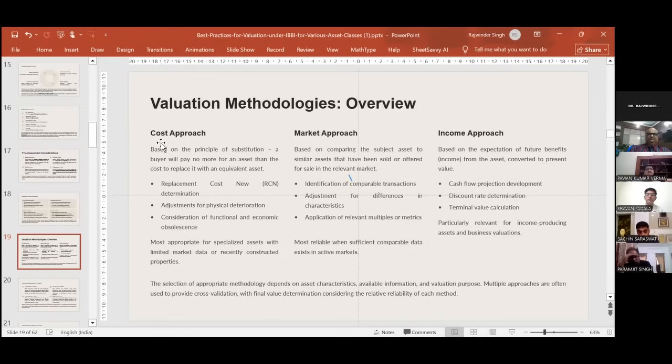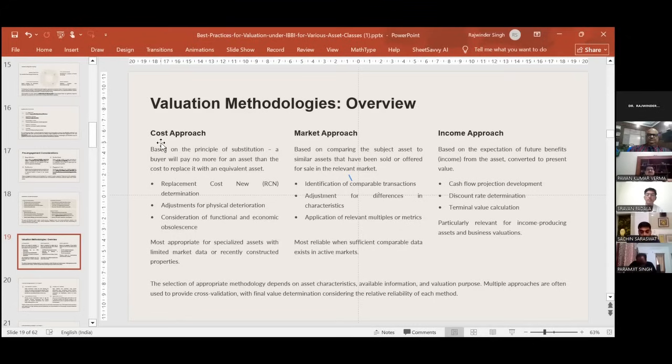This method is based upon comparing the subject asset to similar assets that have been sold or offered for sale in the relevant market. So in this case, first of all, we identify the comparable transactions. Then we make certain adjustments for differences in the characteristics of the subject property and the comparables you have collected.